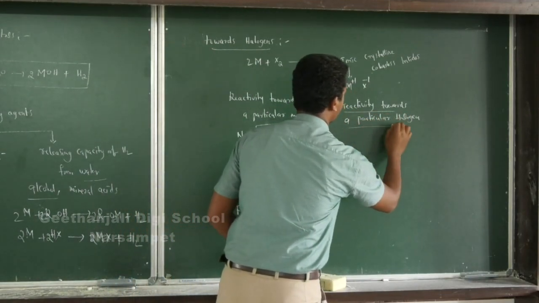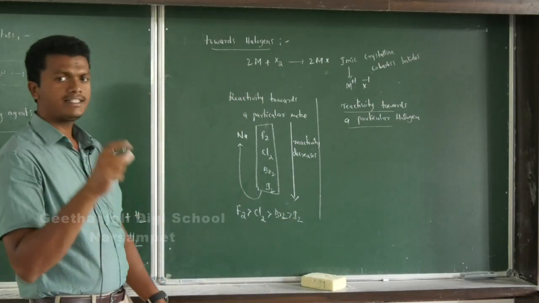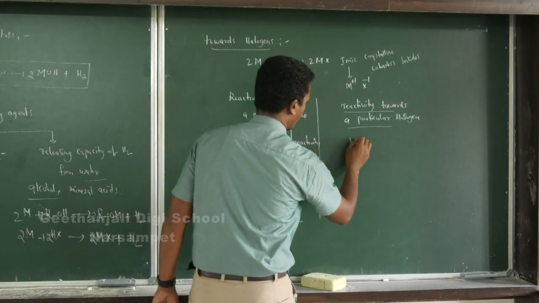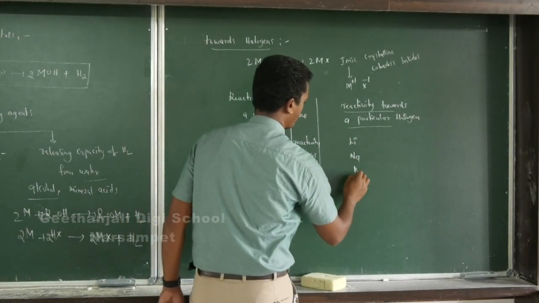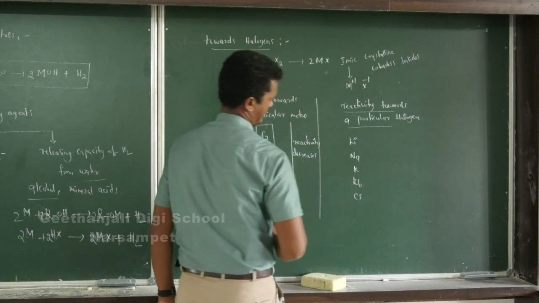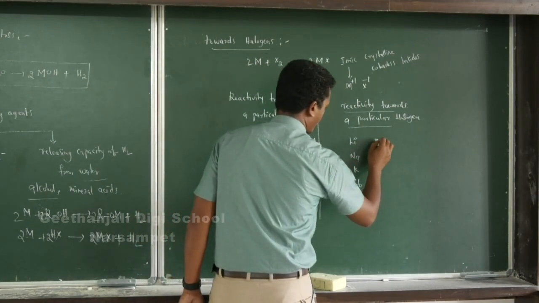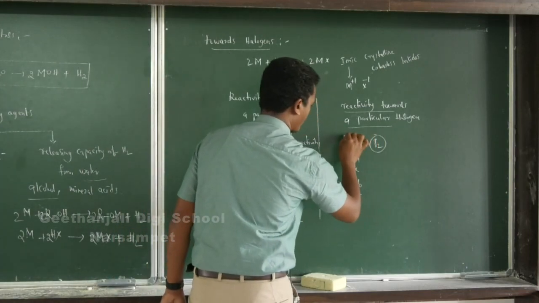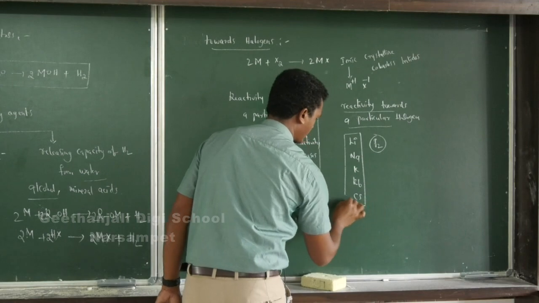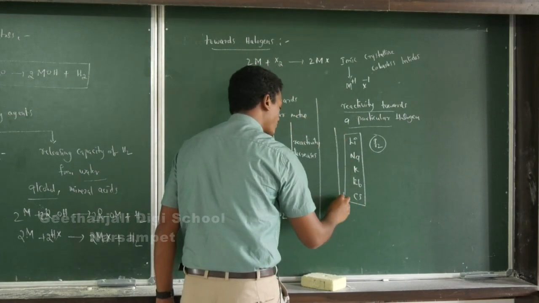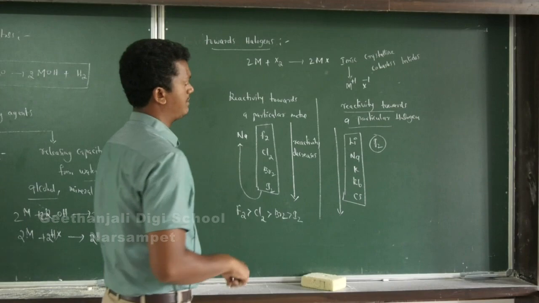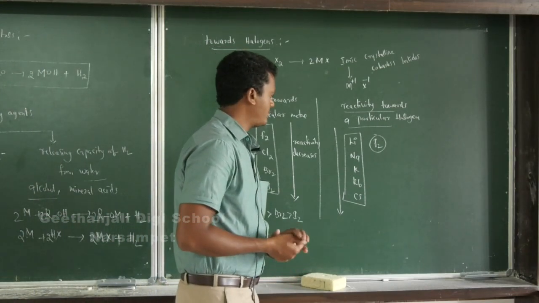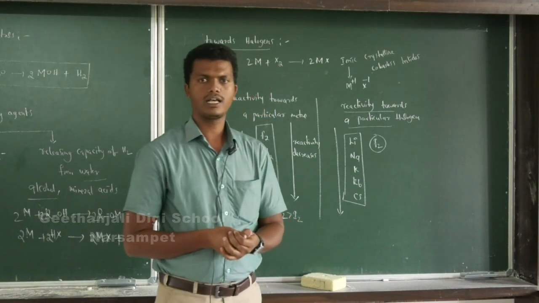Next, reactivity towards a particular halogen means a particular halogen reacts with alkali metals. Alkali metals are lithium, sodium, potassium, rubidium, cesium. For example, here we will take a particular halogen, fluorine. When this fluorine reacts with these alkali metals, what is the variation of reactivity? In the last session, we discussed the reactivity order of alkali metals.